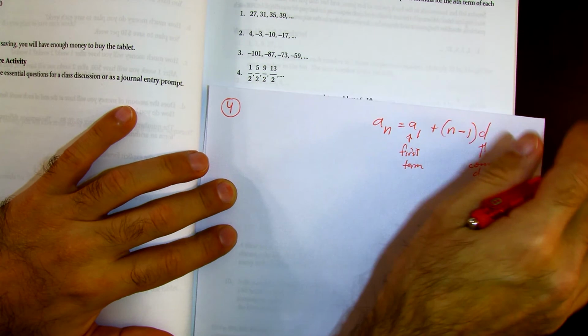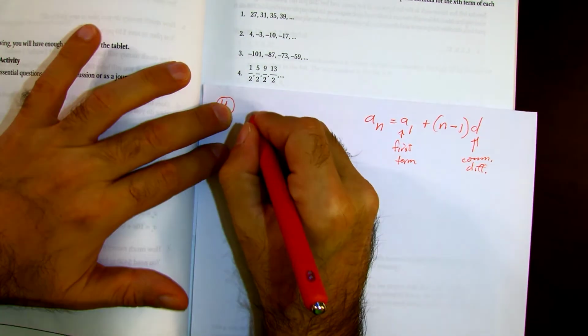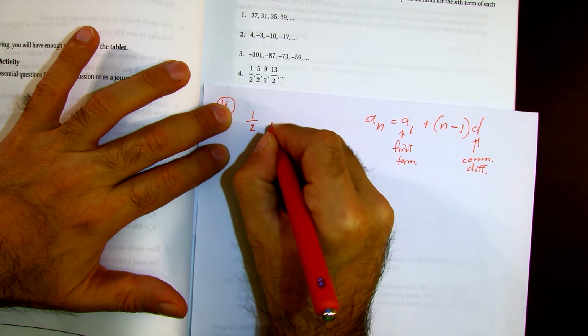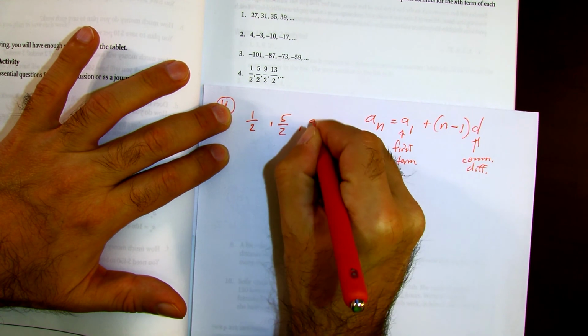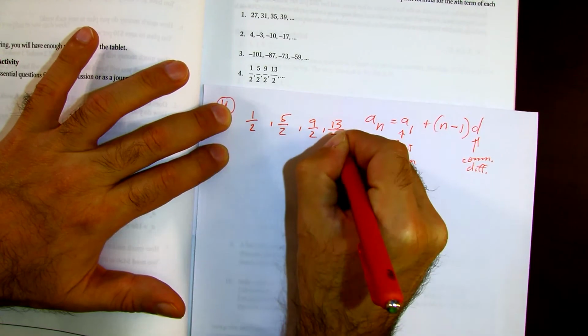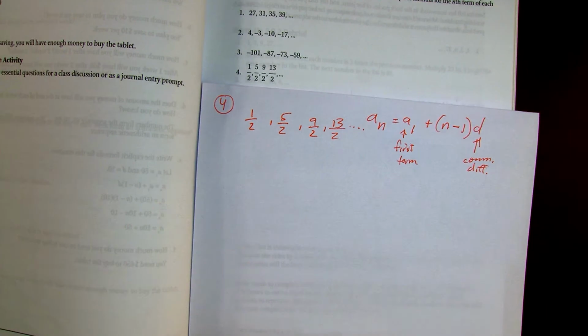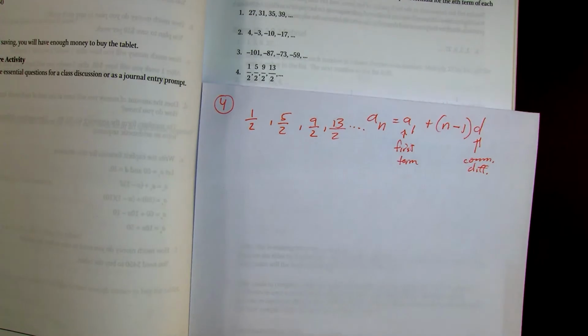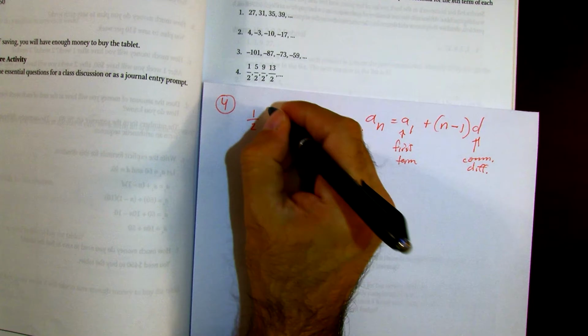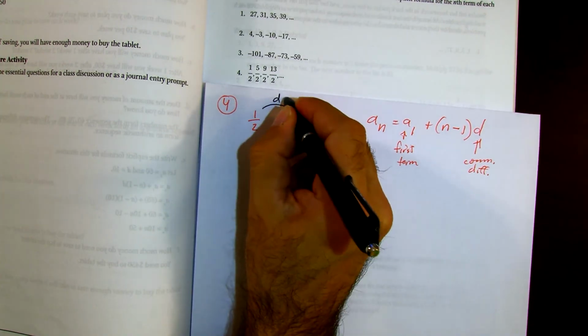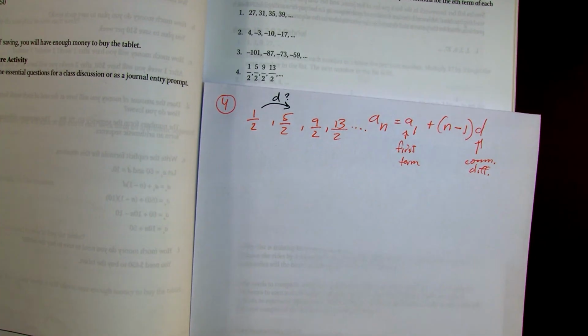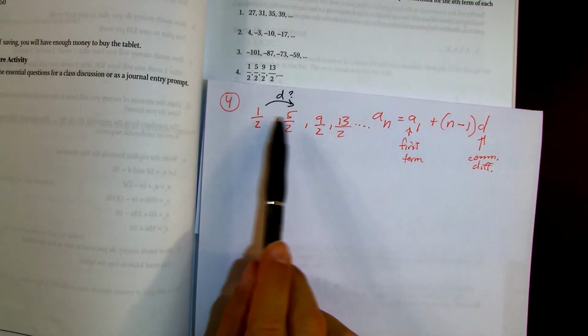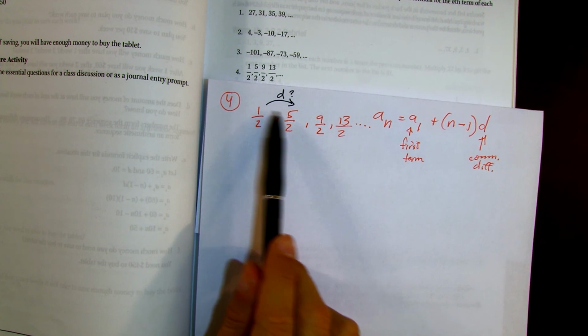Let's see. First, let's find the common difference. So 1/2, 5 halves, 9 halves, 13 halves. This one is tricky because we've got to see the common difference. How did we go from here to here? What is our D value? We got to do a little more work to find this one. Before, if this was 1 and you went to 5, you'd say, I just added 4.